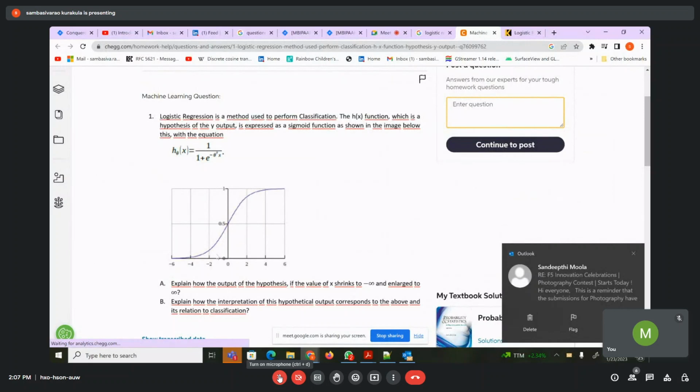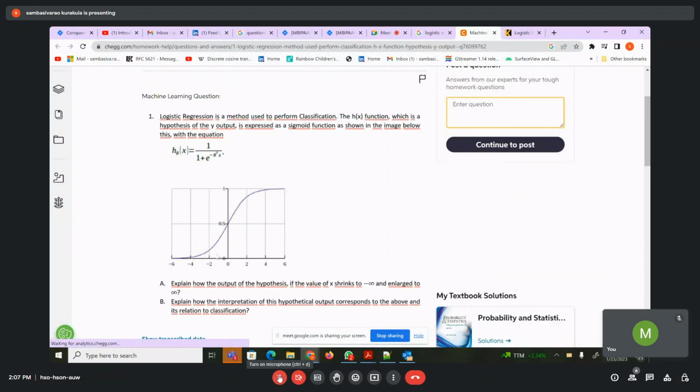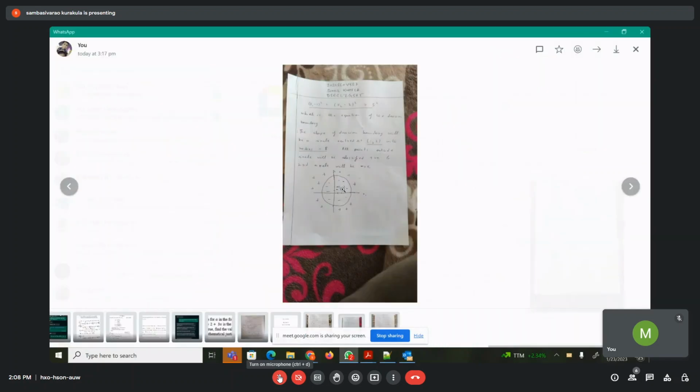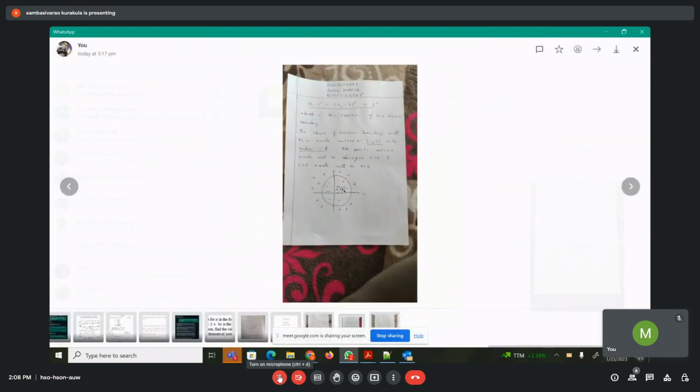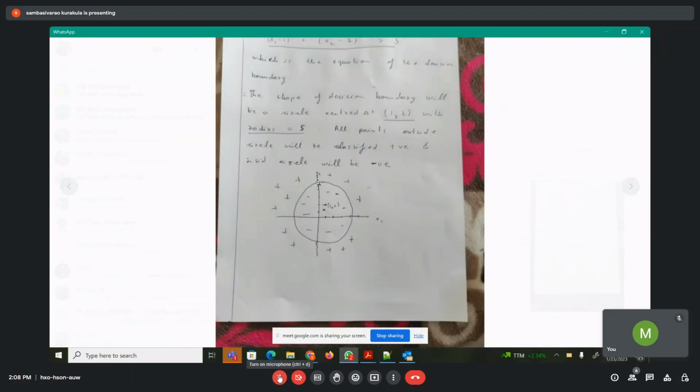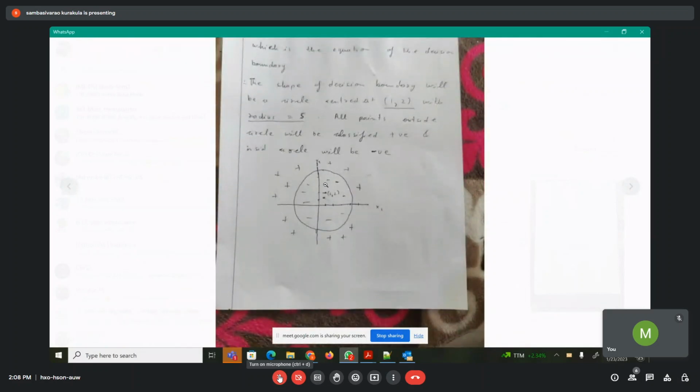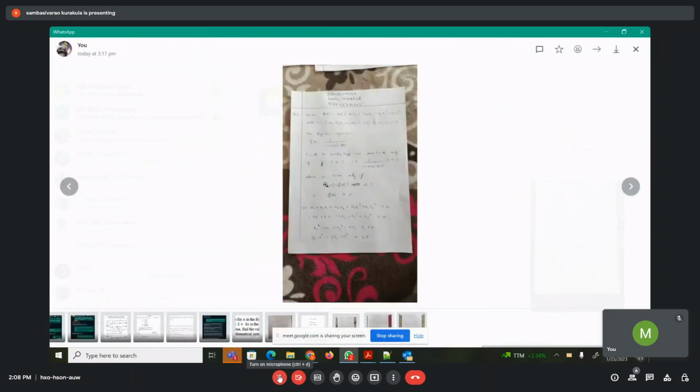Maybe it will bend left side or bend right side, whatever can happen, and even the angle can be changed, but the line will look like this ideally. But in this question, particularly, they wanted us to understand how the decision boundary can change if the equation changes. That is how you got this circle. Okay, now let's come back.